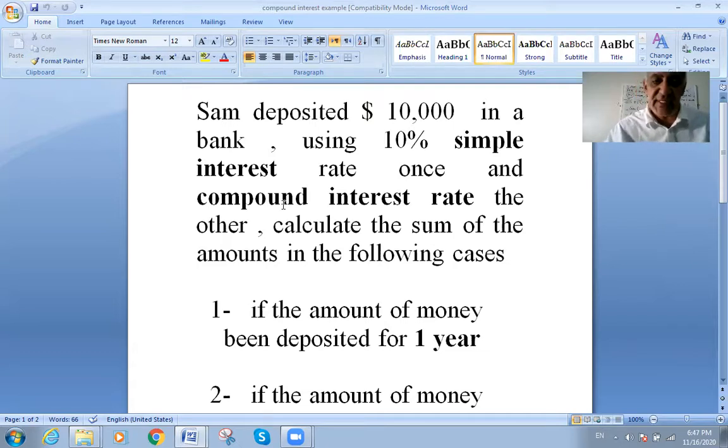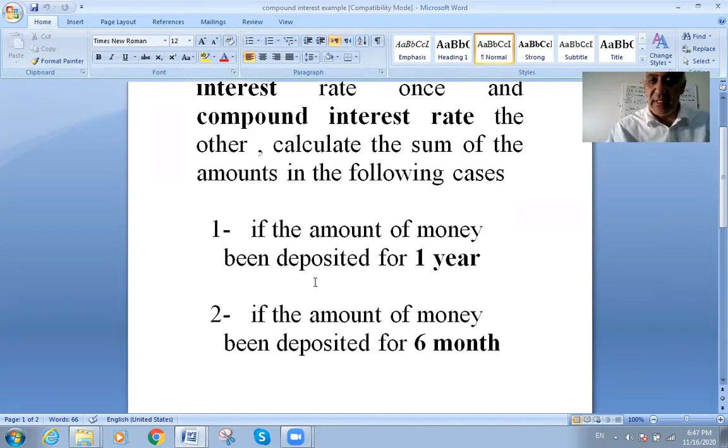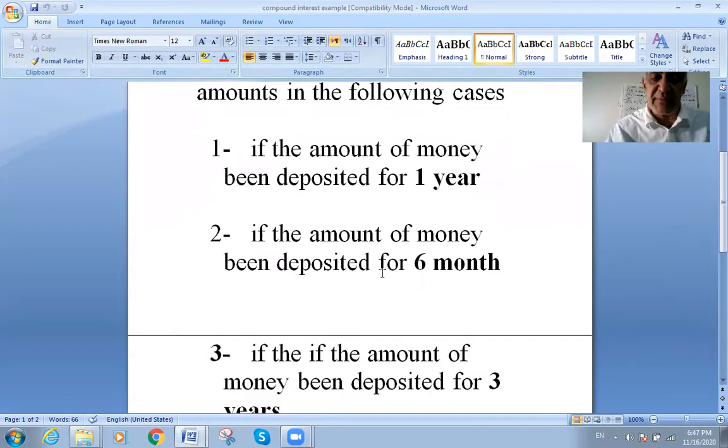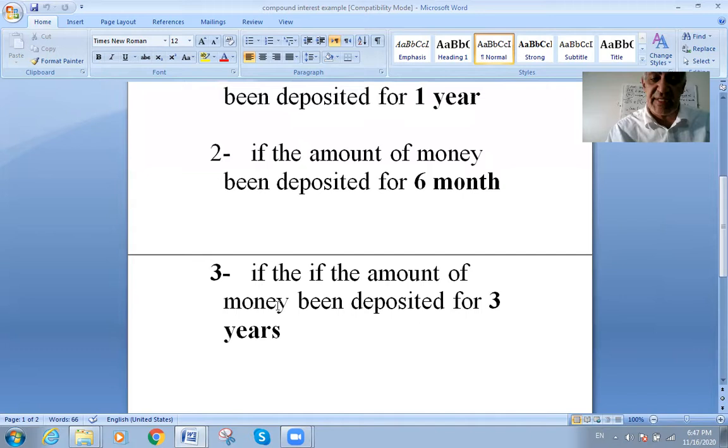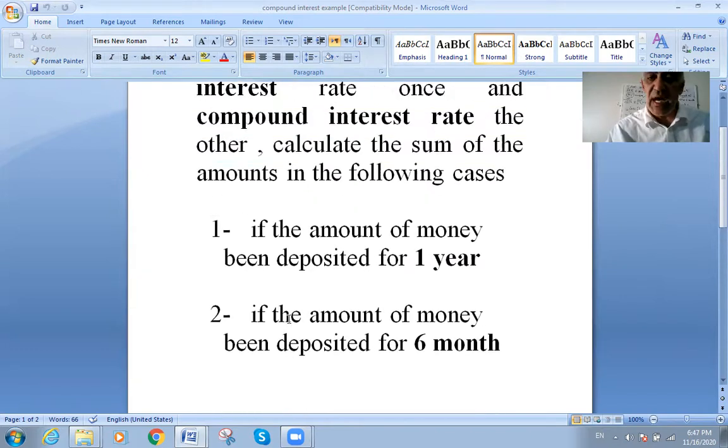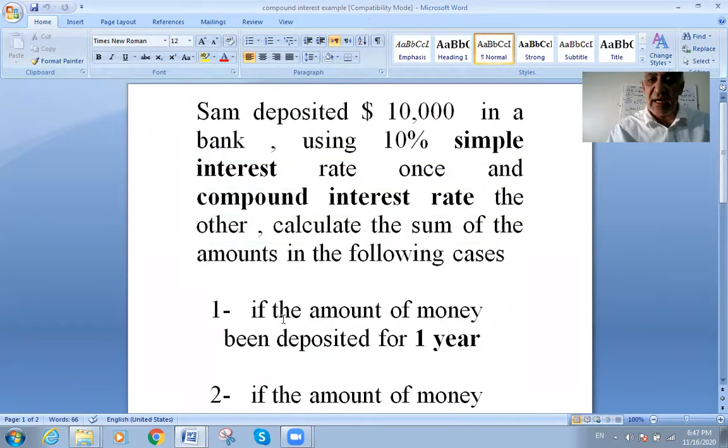The first case, if the amount of money is deposited for 1 year. The second case, if the amount is deposited for 6 months. Third, if the amount is deposited for 3 years. I will extract the main info on the board, then after that we will go for the solution.